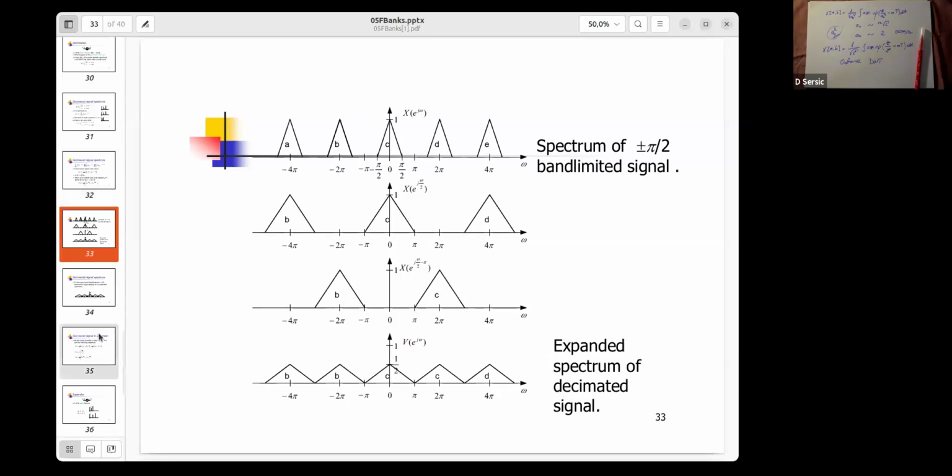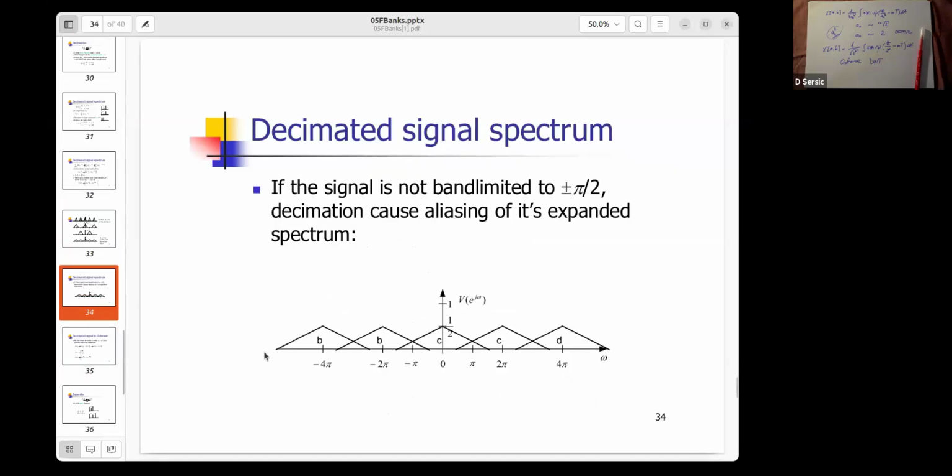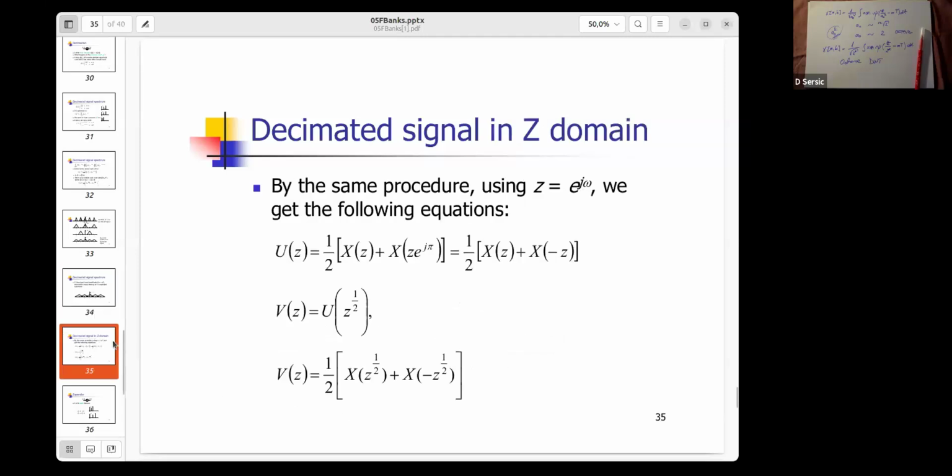This is something that, of course, was expected. But here, the spectrum was band limited to pi/2. What happens if it's not band limited? Then we have some kind of aliasing, so the parts mix together, and we have something like this by decimation. If we want to express the same things in the Z domain, then it looks like this.